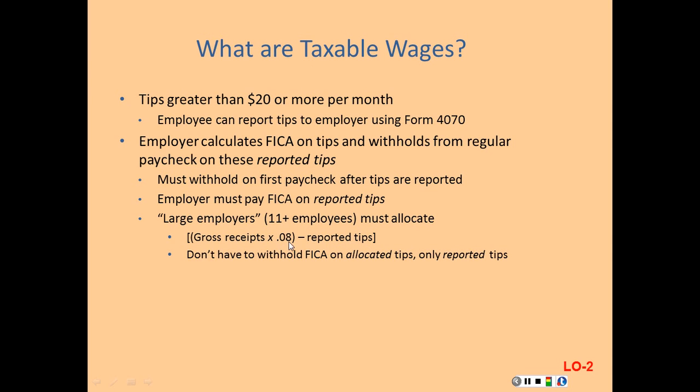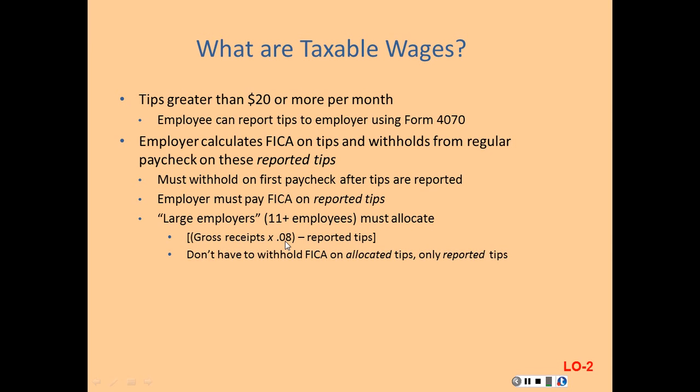If there is a difference between those two numbers, the employer has to report those as tips and pay FICA taxes on them. In other words, there is not a great deal of trust that the employees are reporting everything, because lots of tips are in cash. And the employee knows if they report in cash that taxes are going to be taken out of it. So in big firms, the IRS and Social Security say, hey, we have a solution for that.